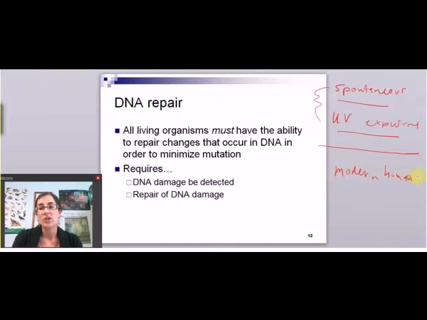Now, I will mention, however, because I think this is important, that modern humans experience a much greater rate of environmental exposures to mutagens. And the number one reason is, of course, because of human-created chemicals in our environment. And so estimates are that 75% of cancers are directly caused by environmental mutagens that humans are exposed to.